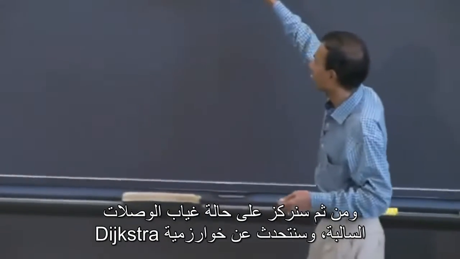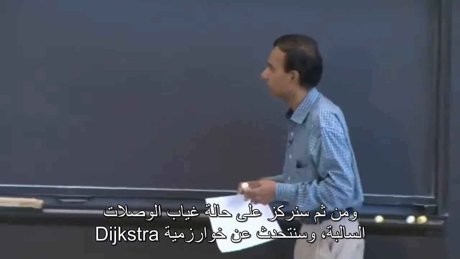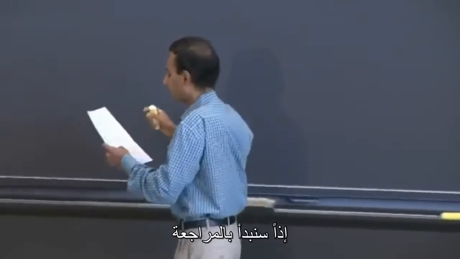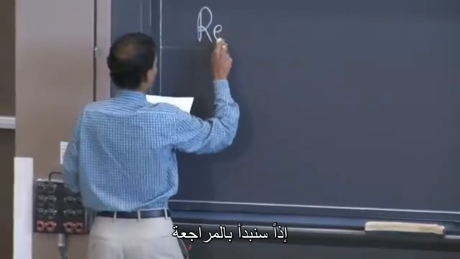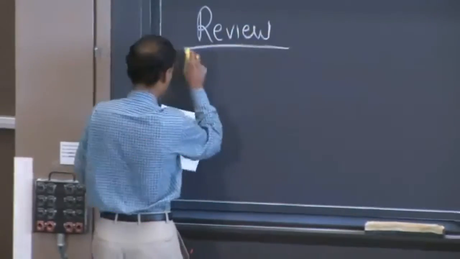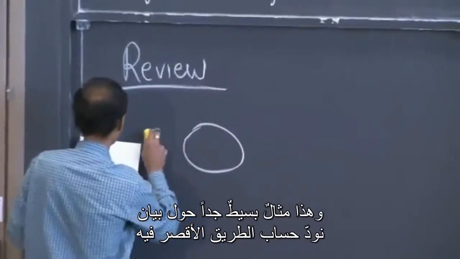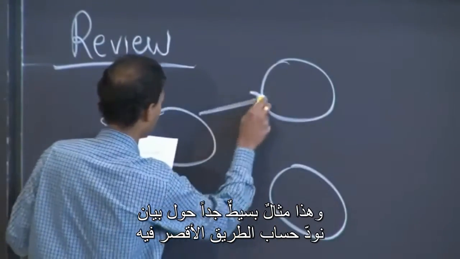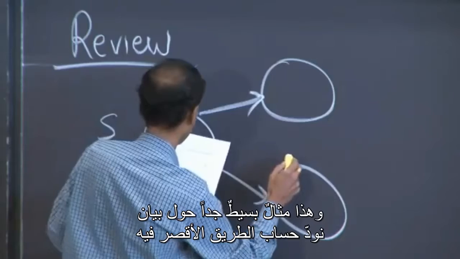And then we'll focus in on the case where there are no negative edges and talk about Dijkstra's algorithm. So let's start with the review. Here's really a trivial example of a graph that we want to compute shortest paths on.